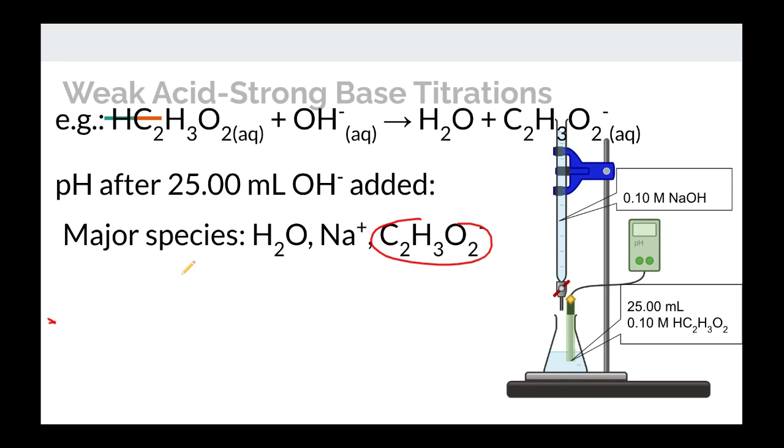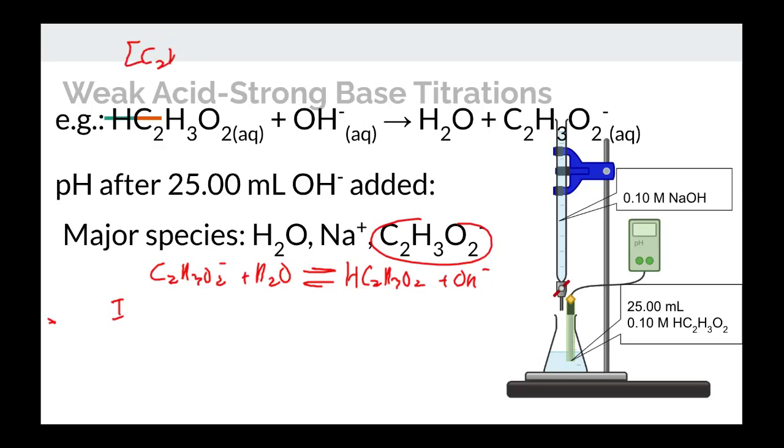So here's our weak base, C2H3O2⁻. It's going to react with water, produce the conjugate acid, HC2H3O2, and some hydroxide ion, and that's what's going to influence pH. Initial concentration. Well, what is that initial concentration? The initial concentration of C2H3O2⁻ is the number of moles of acetate ion divided by the total volume.